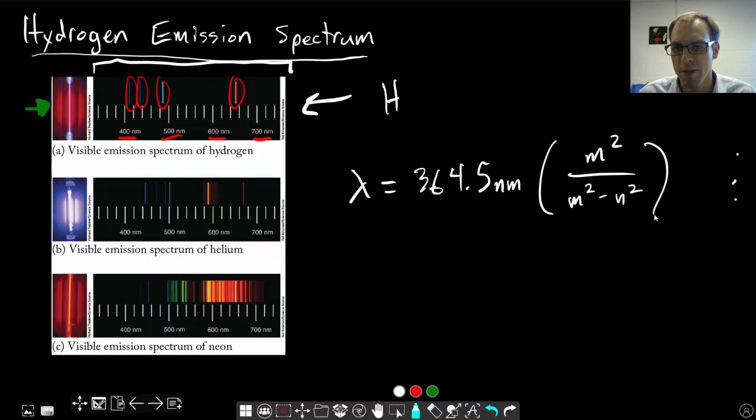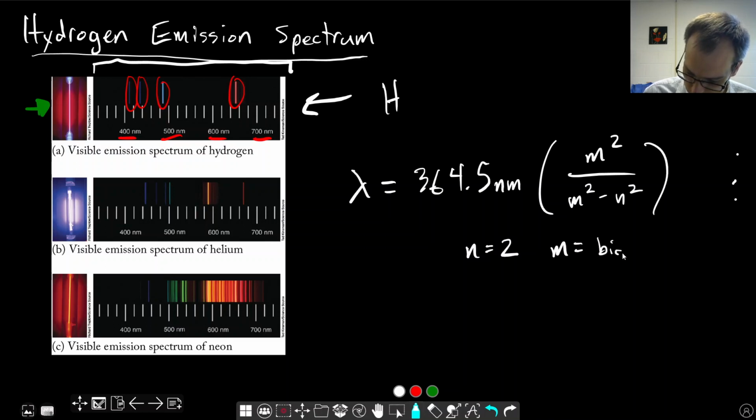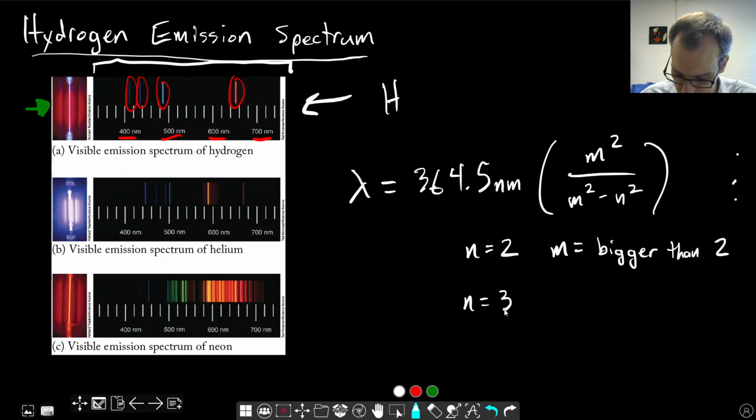He discovered that this set of lines fits the equation he came up with, where n has to be equal to 2, and m is something bigger than 2. By doing that, you could predict where all these lines showed up, and Balmer even predicted that you might have a different set of lines where n equals 3, which would show up at a different wavelength.